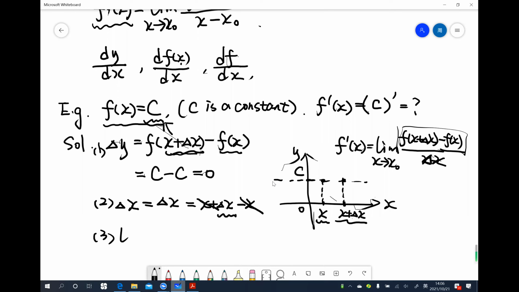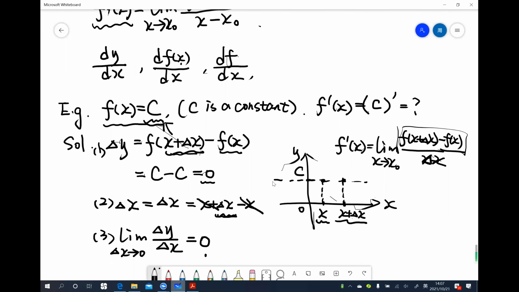And the third step is to calculate the limit as delta x approaches 0 of delta y over delta x. That equals 0 over a constant, right? So that equals 0. So we know the limit exists and the value is 0.